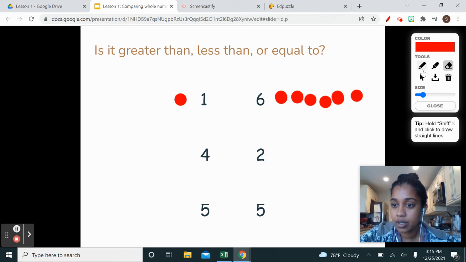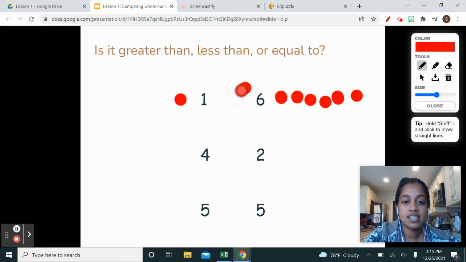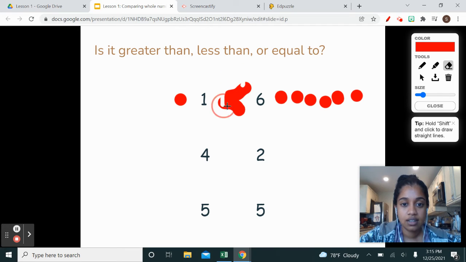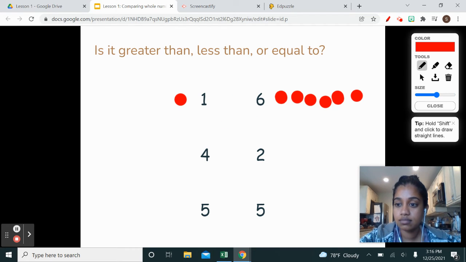Oh, why aren't you working? Oh, there we go. This symbol right here. Oh, that's really big, guys. I'm so sorry. Still trying to figure out the tech here. All right, so we're going to make that symbol right there, because 1 is less than 6. Now let's look at our next one.